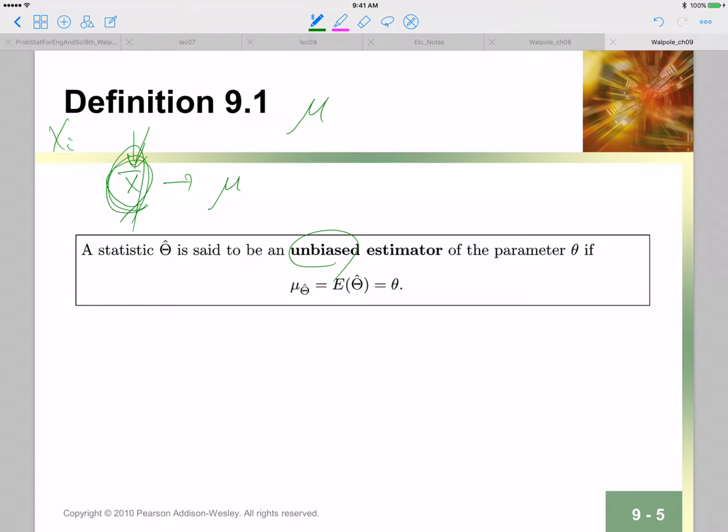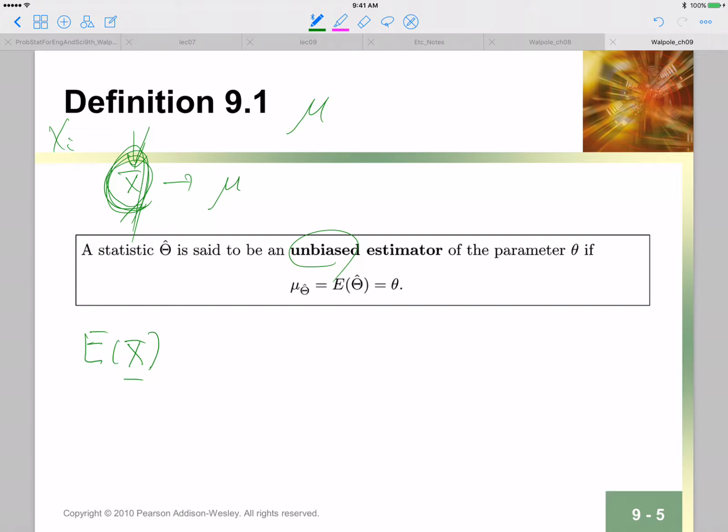But again, x bar is a random variable, and it has its own probability distribution function, right? Since it is just a random variable, it has its own mean value, or the expectation value of x bar.